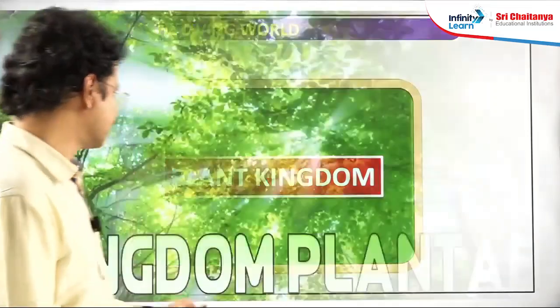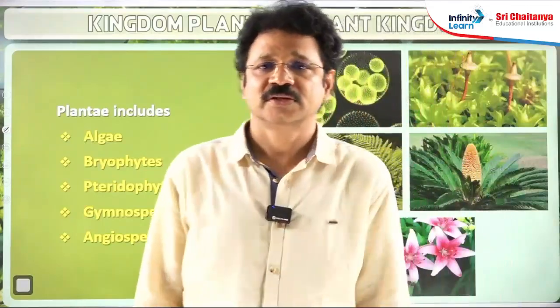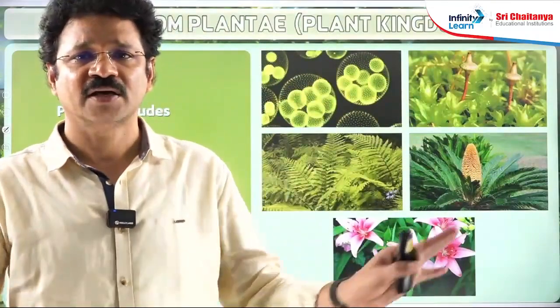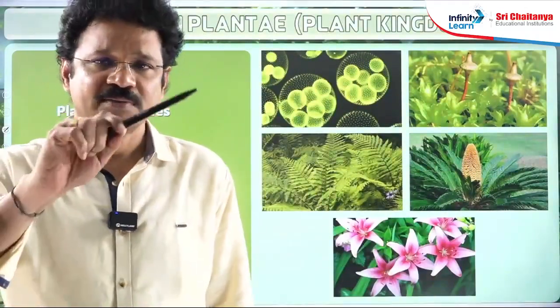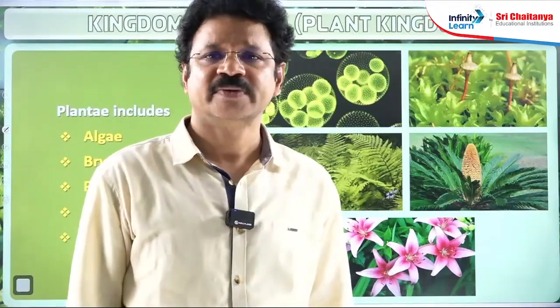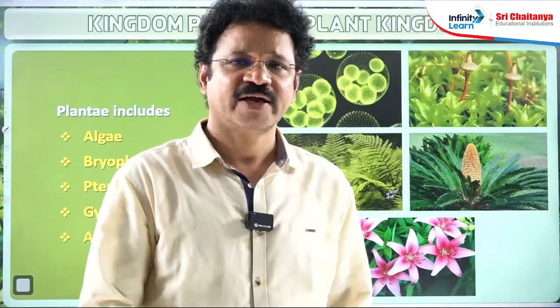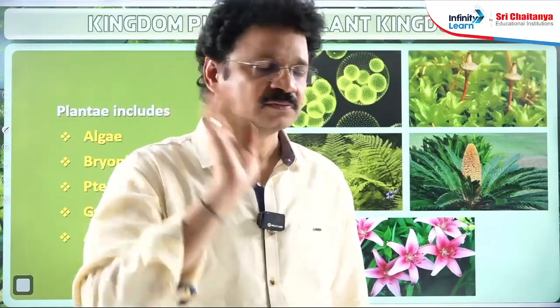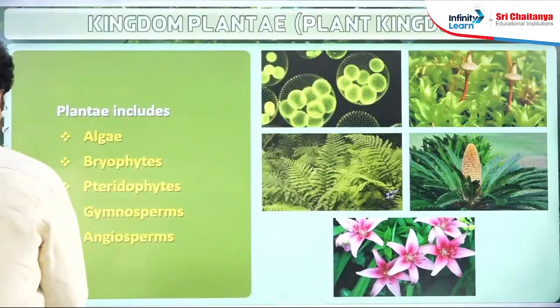Today our topic is plant kingdom. Already you have learned about the classification of all biological organisms in this universe under the chapter biological classification. Madam explained in great detail the 5 kingdoms of biological classification, or the living world.